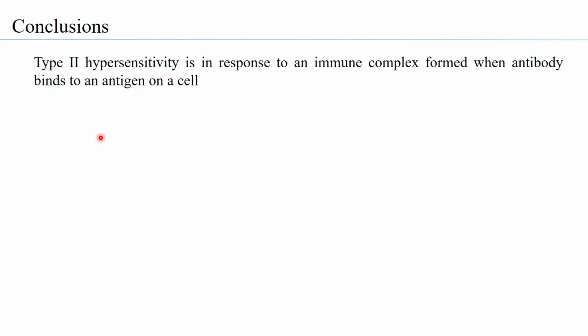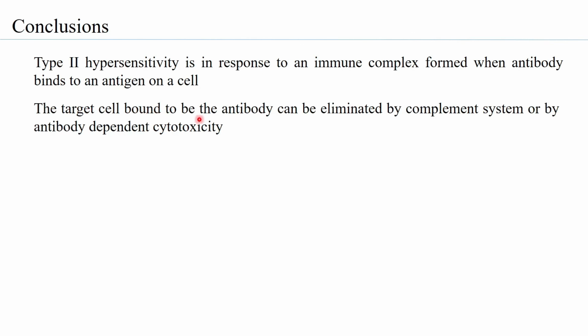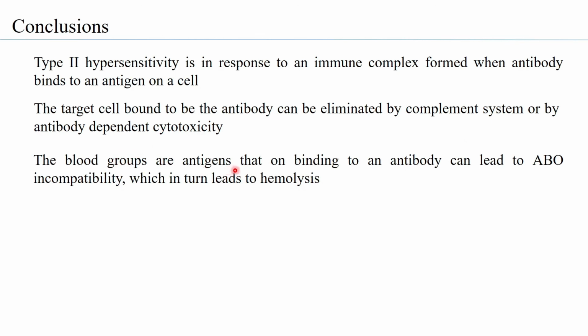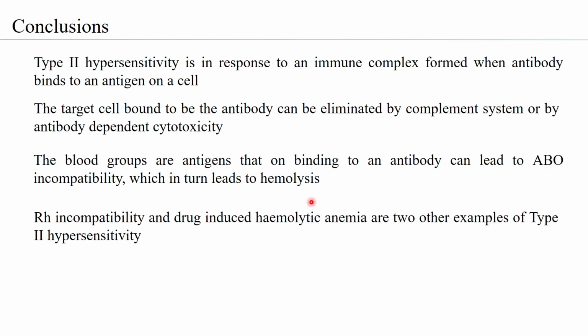So let us make the conclusions. Type 2 hypersensitivity is in response to an immune complex formed when antibody binds to an antigen on a cell. The target cell bound by the antibody can be eliminated by the complement system or by antibody-dependent cytotoxicity. The blood groups are antigens that on binding to an antibody can lead to ABO incompatibility, which in turn leads to hemolysis.